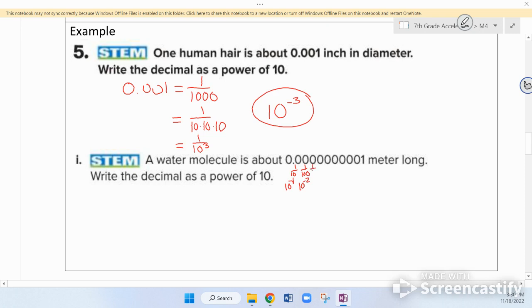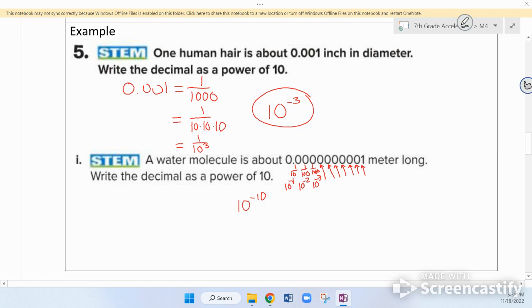This would be 1,000th, so that'd be 10 to the negative 3. So 10 to the negative 4, 10 to the negative 5, 6, 7, 8, 9, 10. So that'd be 10 to the negative 10 meters long.